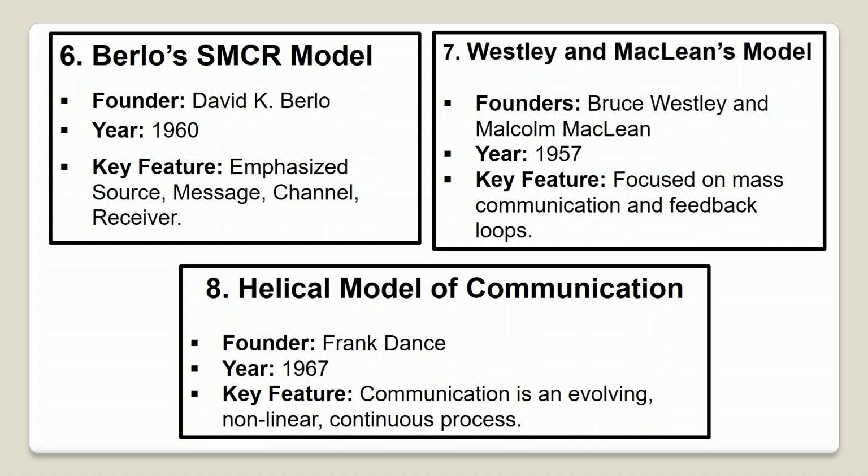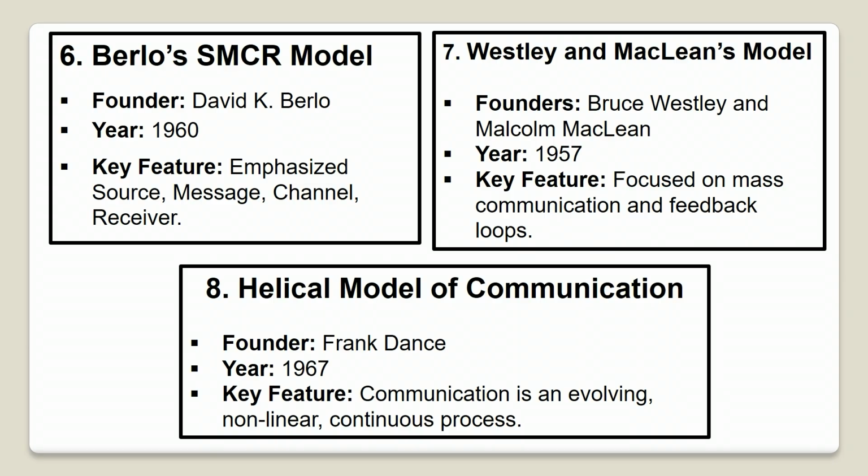And we talk about another model, that is the Bashley and MacLean model. The founders were Bruce Bashley and Malcolm MacLean, and this model was founded in the year 1957.